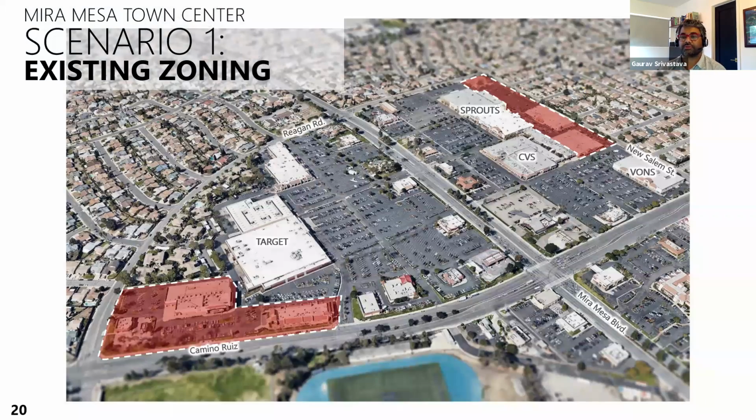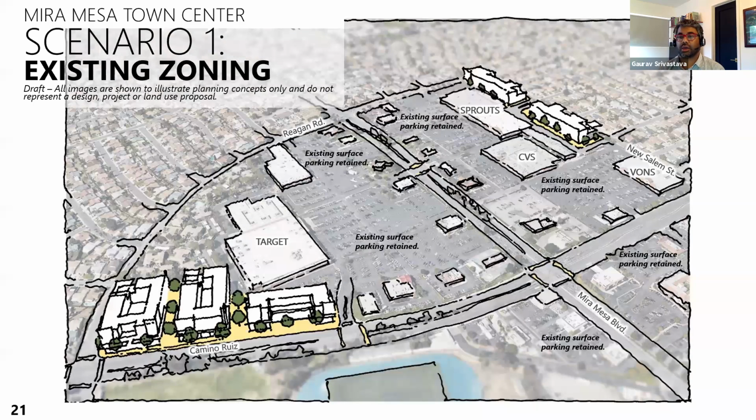This is a bird's eye view of what that scenario might look like. So this is if you're over the high school looking west. We've called out the primary retail anchors on the slide and shown where the potential redevelopment might occur. And this is generally the scale and intensity of what the development might look like given the assumptions we have for this first scenario.